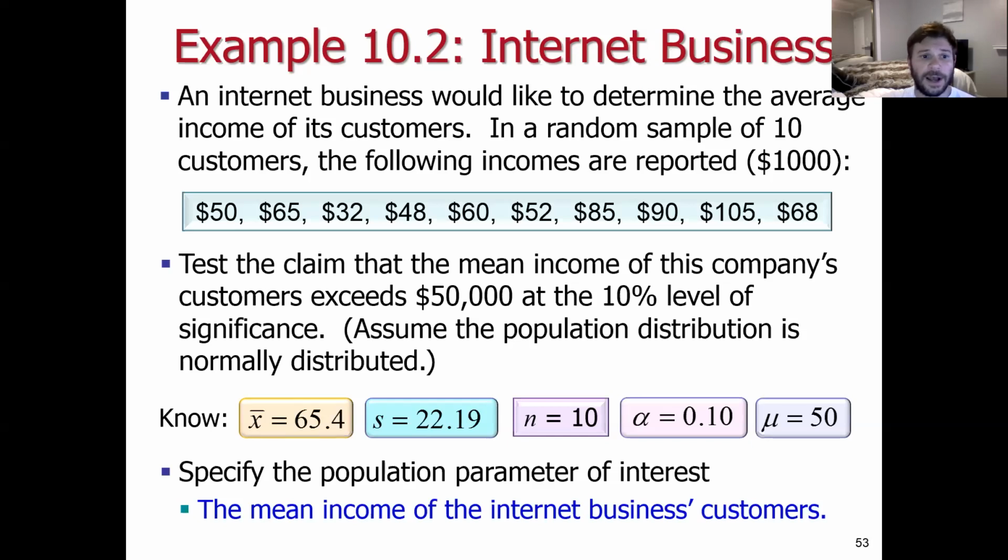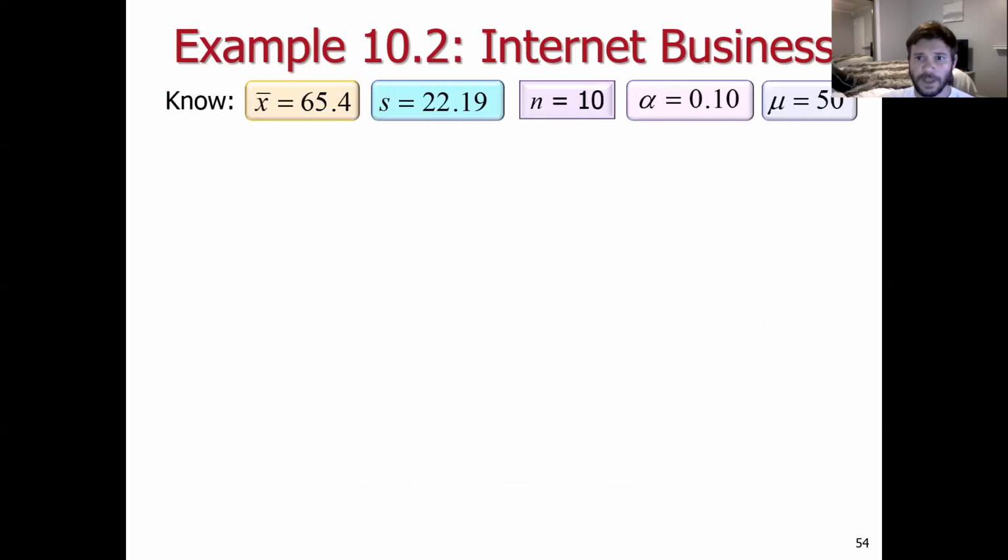Now, again, we want to test a claim, and we're given a small sample data set. There's only 10 observations here. And if we're using the t-distribution, we're going to use the t-value to figure out our critical threshold instead of the z-table.